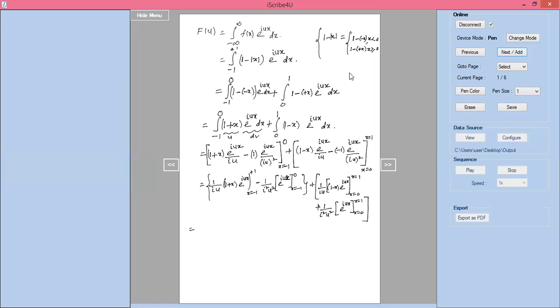Now I'll write 1 by iu into, first you will apply, here see small correction, this one should not be plus 1, this one should be 0.